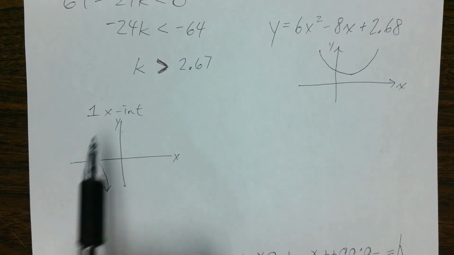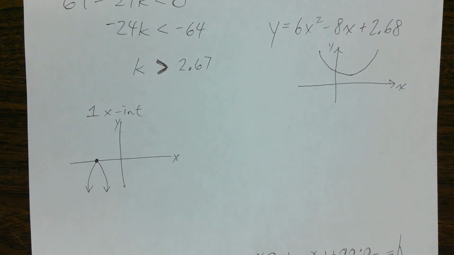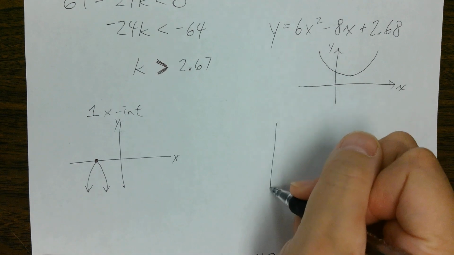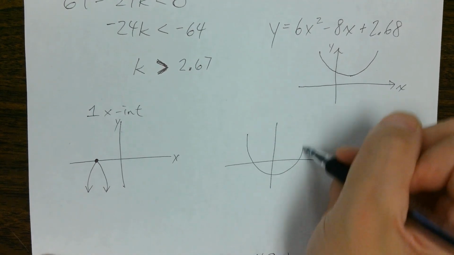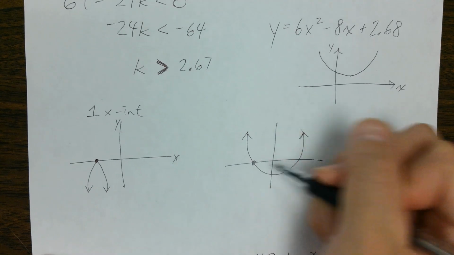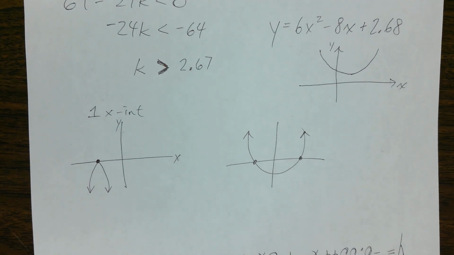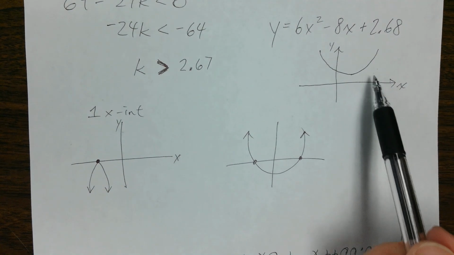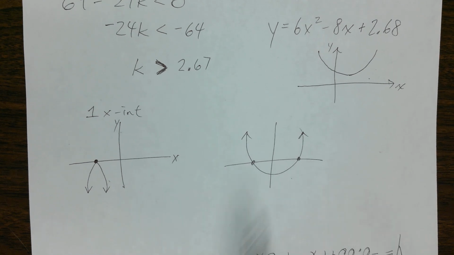This is an example of a graph where there's only one x-intercept. And then similarly, if there's two x-intercepts, any problem. Okay. So you have no x-intercepts, one intercept, two intercepts.